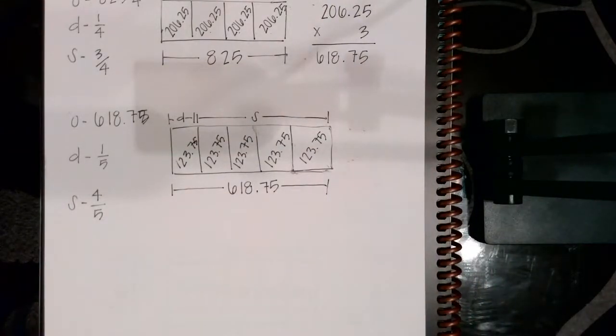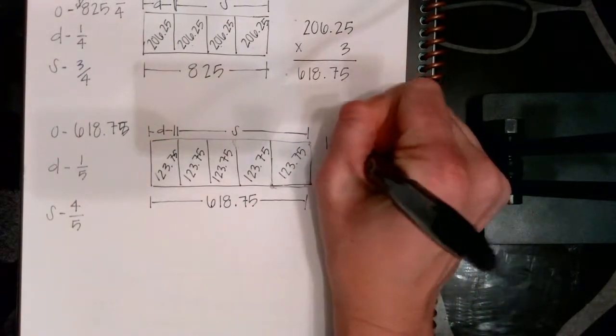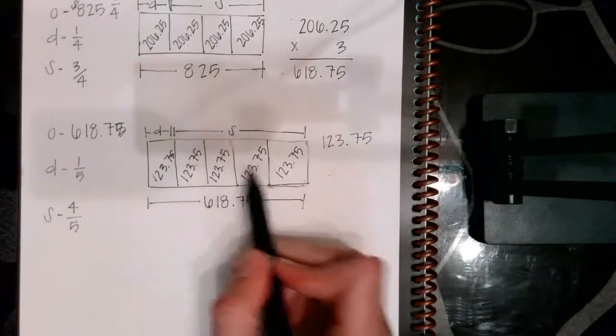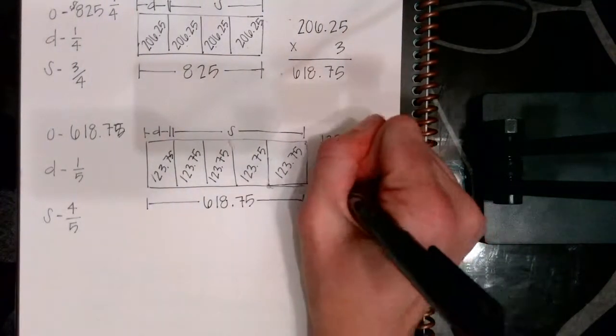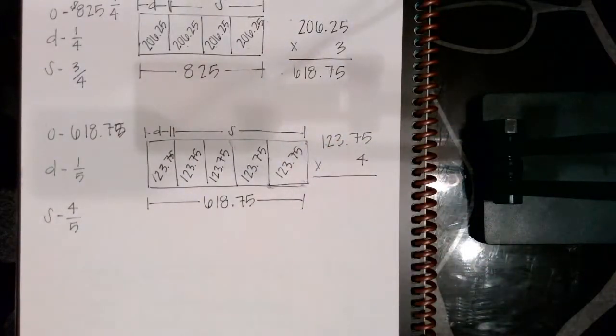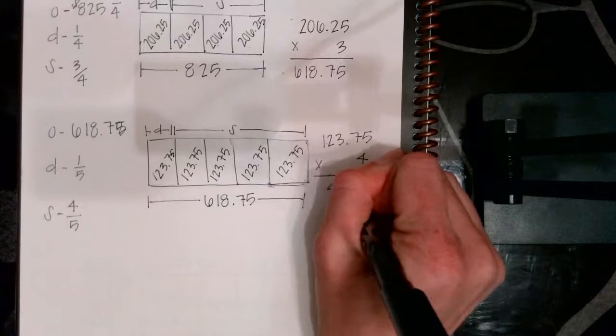So now I have to find my sale price. So I'm going to take the value of each box and multiply it by my 1, 2, 3, 4 boxes that represent my sale price. So I get $495.